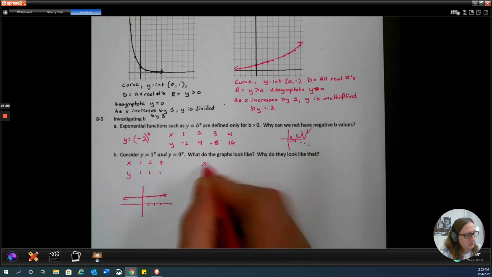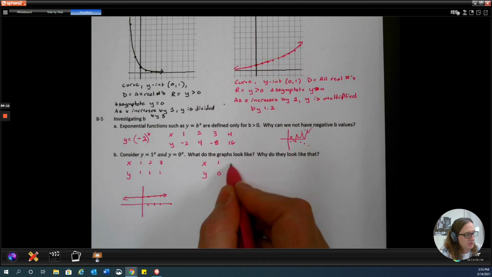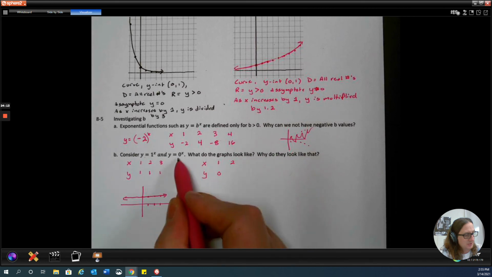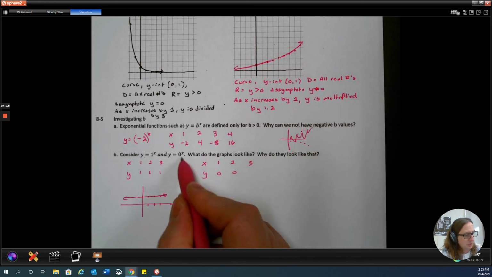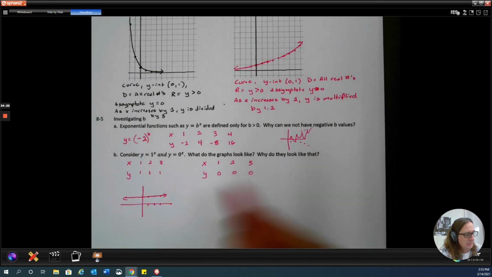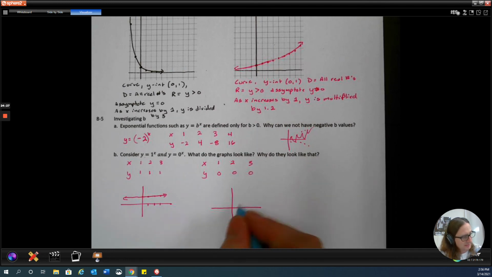Now what about y is equal to 0 to the x power? So if I plug in numbers for that one, I get something similar. Like if I plug in 1, 0 to the 1 power is still 0. If I plug in 2, 0 to the second power is still 0. If I plug in 3, 0 to the third power is still 0. And it looks like this is going to be a horizontal line that's sitting on top of the x-axis, but what we're going to see is it can't be negative.